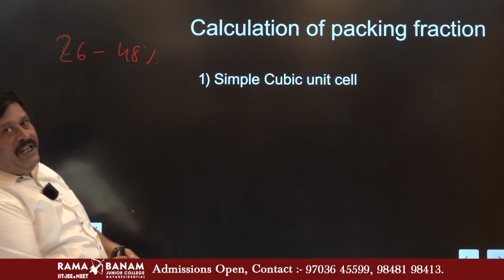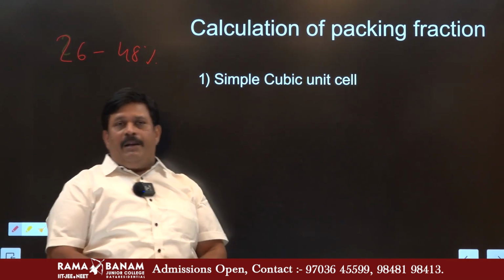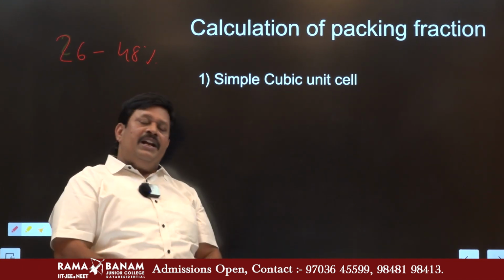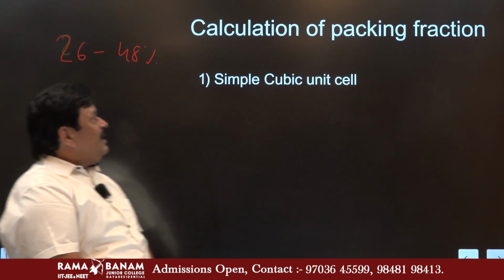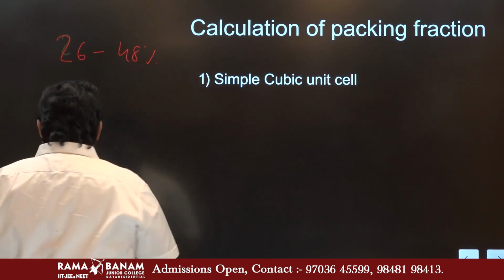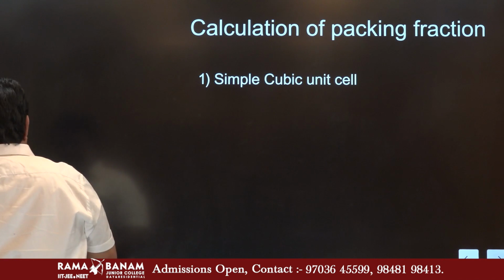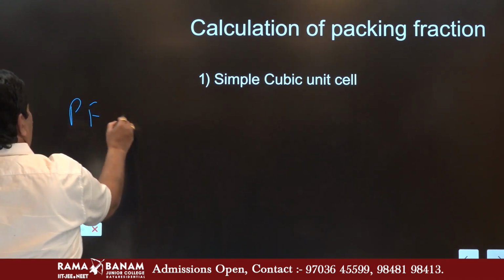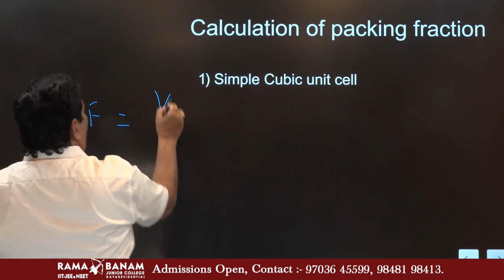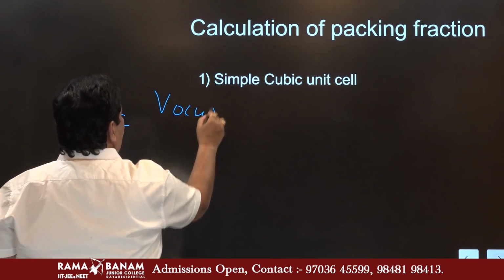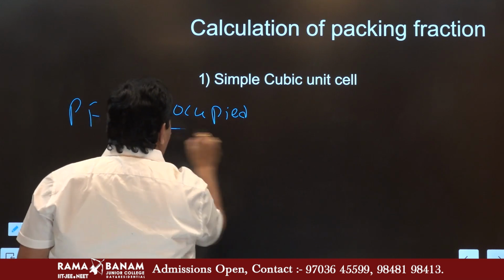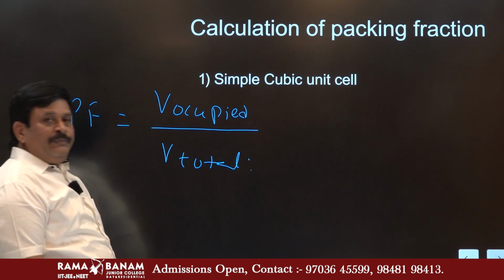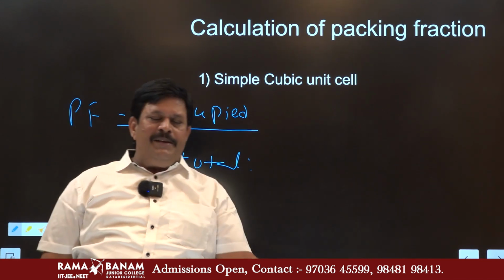Here we will calculate how much part is occupied by the particles and how much space is vacant in the different solids. What is meant by packing fraction? Packing fraction of a solid is nothing but volume occupied by total volume of the solid. Very simple, students.